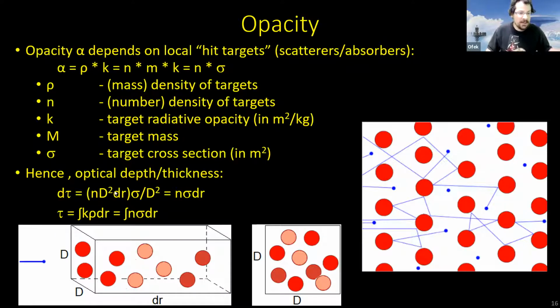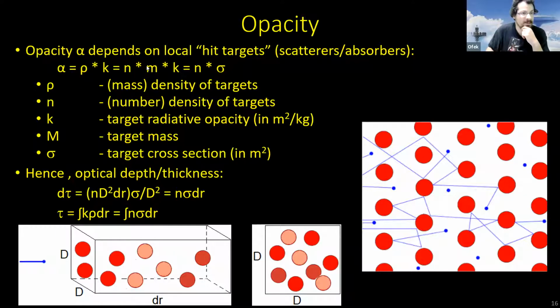And if you integrate over that, then again, you find the optical depth is really an integral of these microscopic properties, kappa, the opacity, times the mass density rho, or in terms of cross-sections, the number density times the cross-section per target.